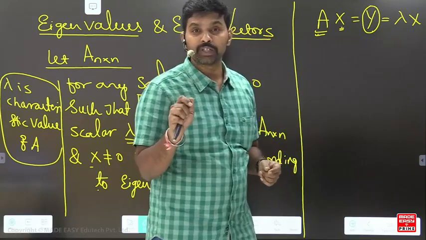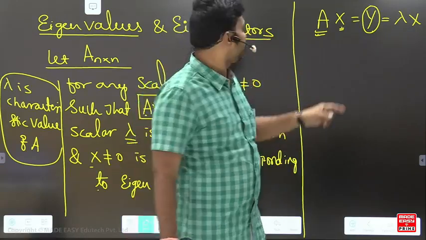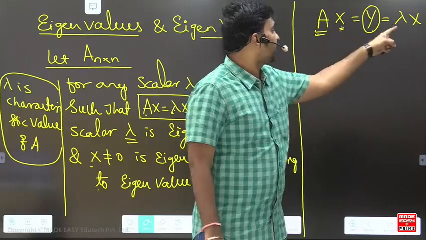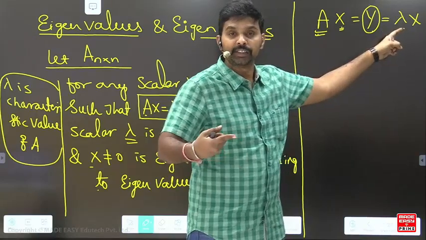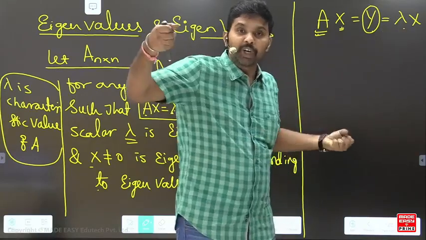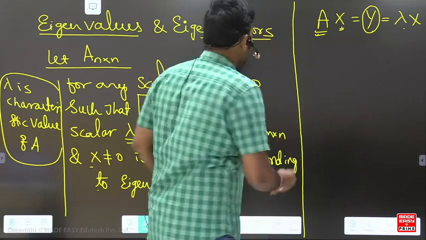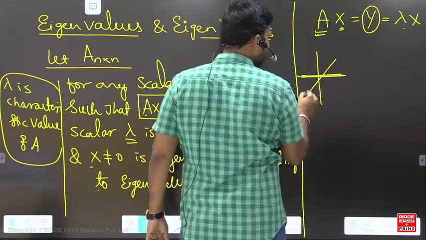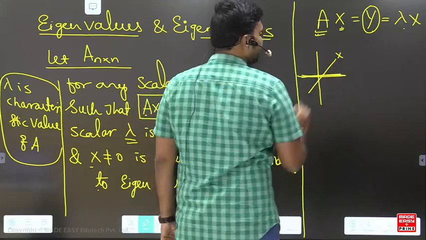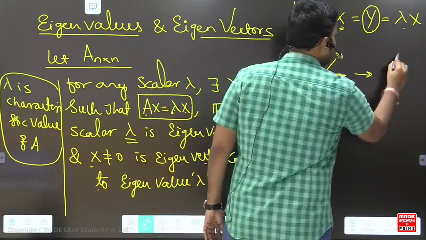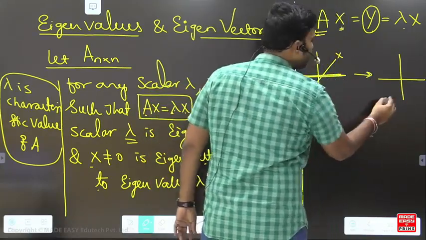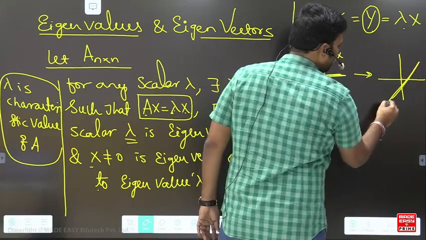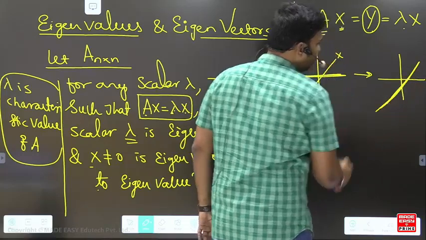EC electrical students, you can understand this terminology. You can see that the vector is getting scaled here. It is getting enlarged, or it can shrink. Suppose this is the vector x. Now it is transforming into, see, the same direction you have here.